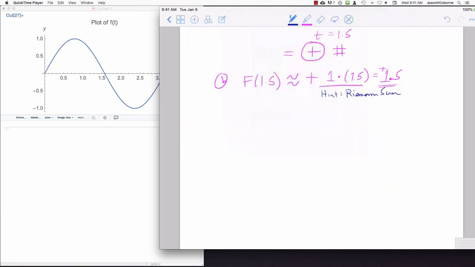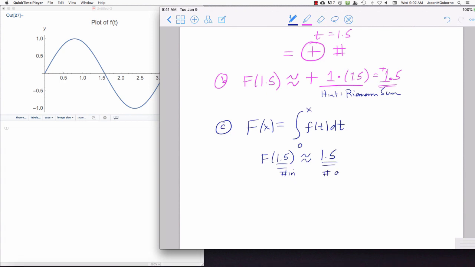Because this function, capital F of x, is an area function, the integral of f of t dt, it's a function. We know it's a function because when you put in 1.5 into this function, you get approximately 1.5. If you put a number in, you get some sort of number out.